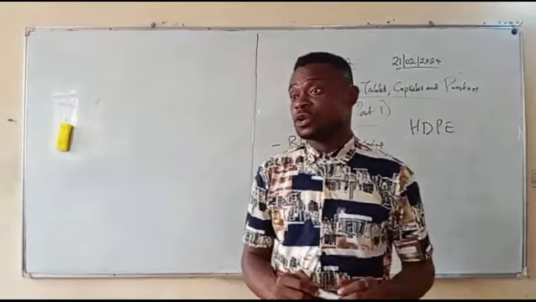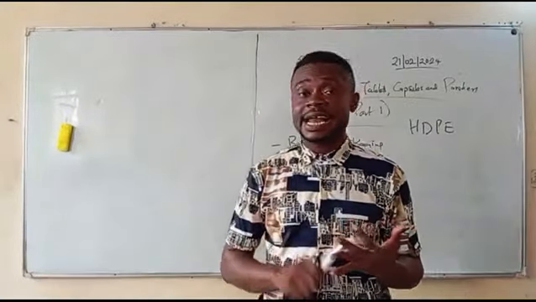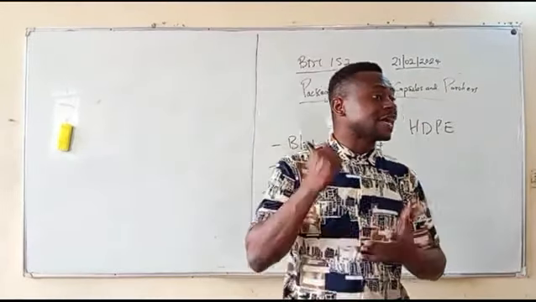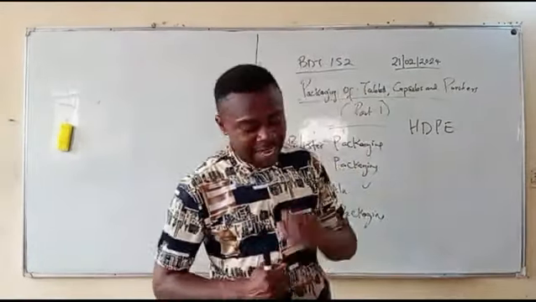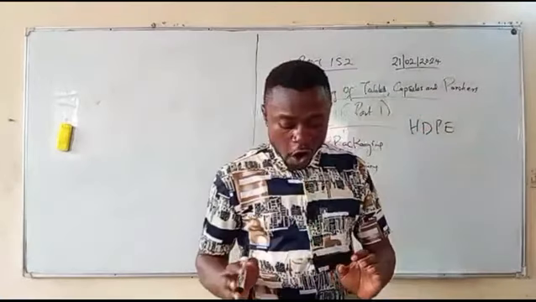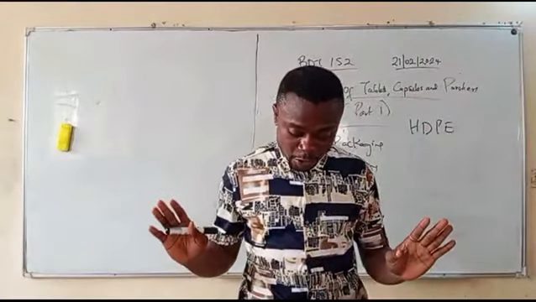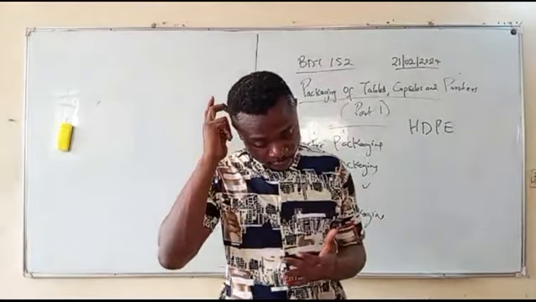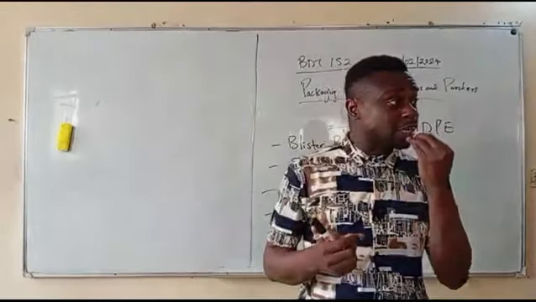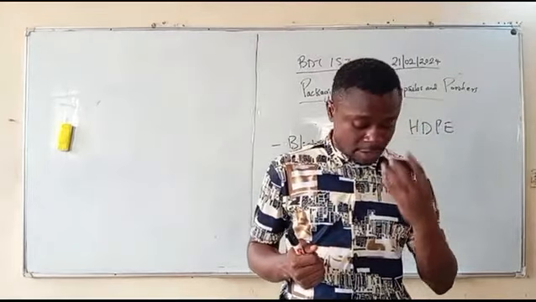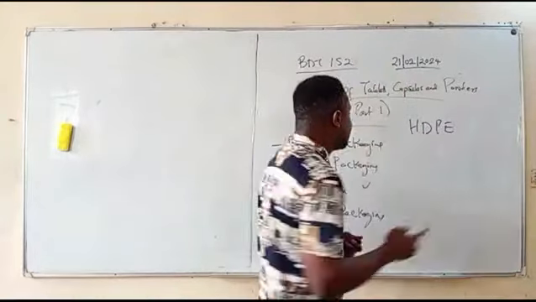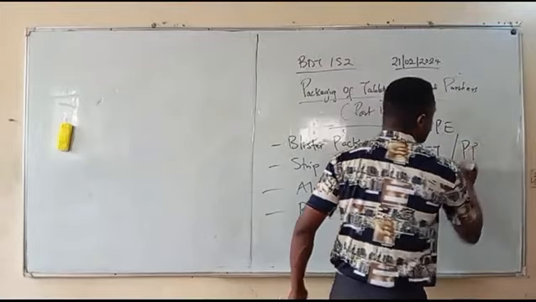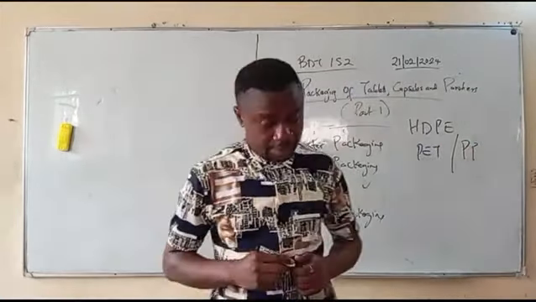Now, what of PET and PP? PP is polypropylene, good. So, amber, in bracket, amber. Of course, when you see amber, you know what it means, right? The amber color. They are a moderate barrier to moisture and gas.